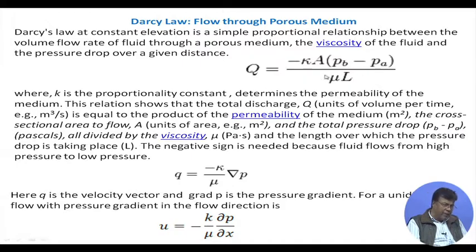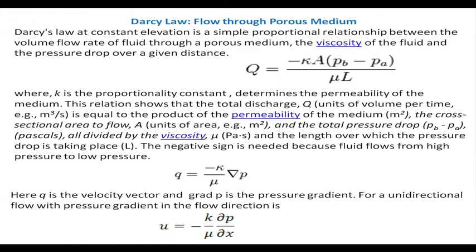If I write Q by A in terms of velocity, this is the pressure gradient, and there is a negative sign because as the pressure increases, the velocity decreases; fluid flows from high pressure to low pressure, so in the opposite direction.